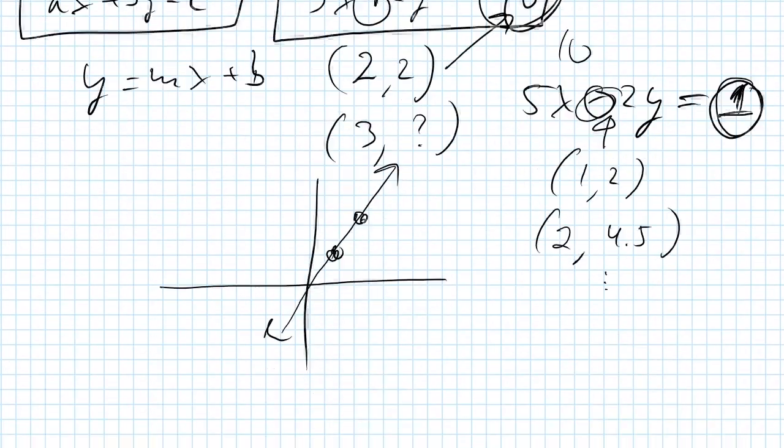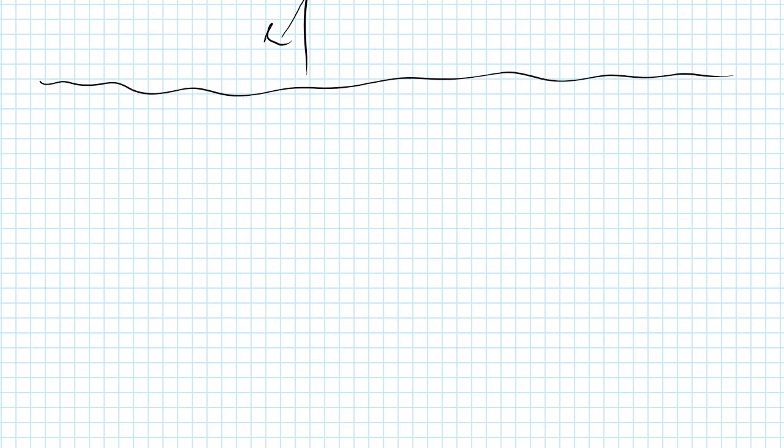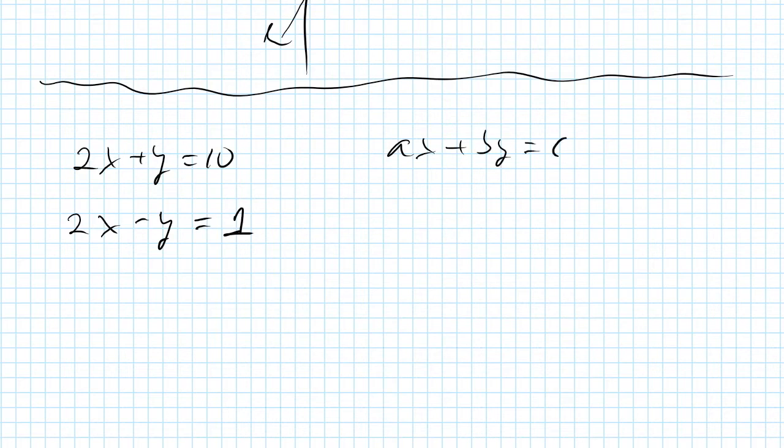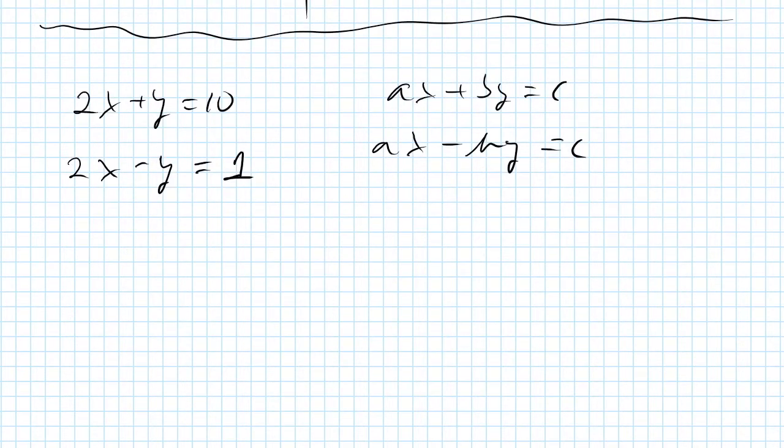So I think for day 2, my plan would be to have them do questions like 2x plus y equals 10, or 2x minus y equals 1, things like that. Things of the form ax plus by equals c, or ax minus by equals c. I would try to make up some that are easier than others.